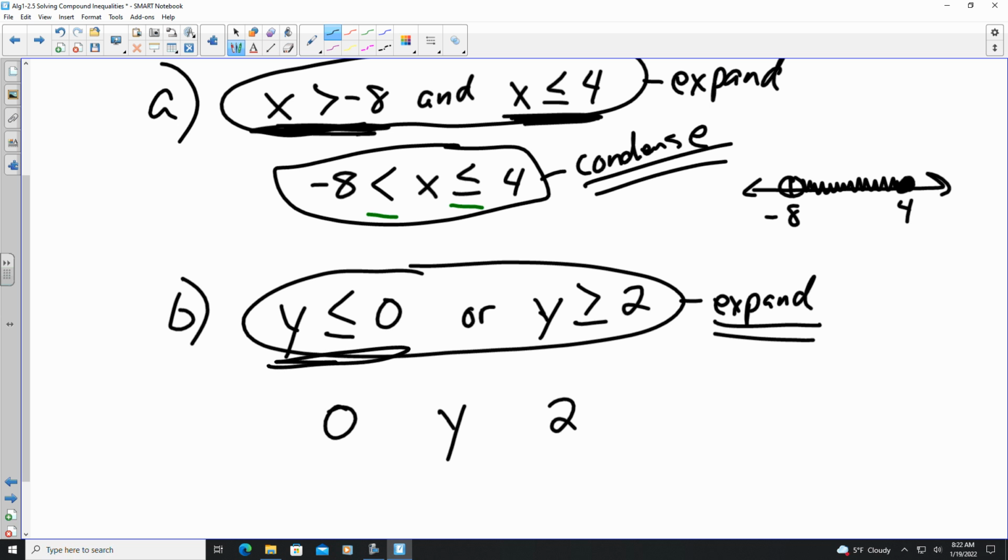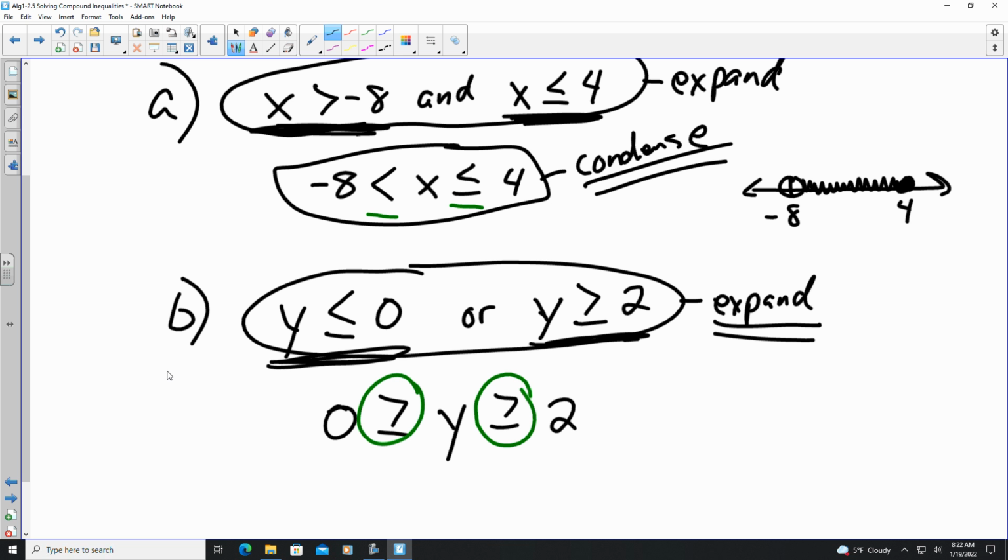So for this one here, the inequality is pointed towards 0, so I'm going to do that as well. The second one here was pointed towards y, so I'm going to keep that there. It's the condensed version. Now, again, do you notice they're both going the same direction, but now they're going towards the left? And so that is another indicator that it is in fact an or statement.